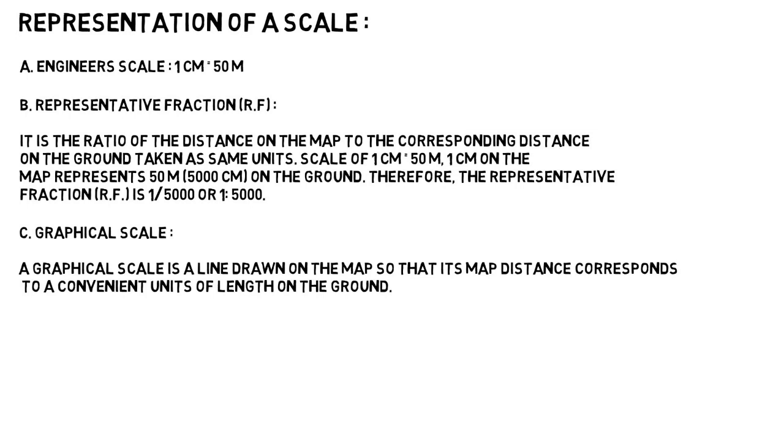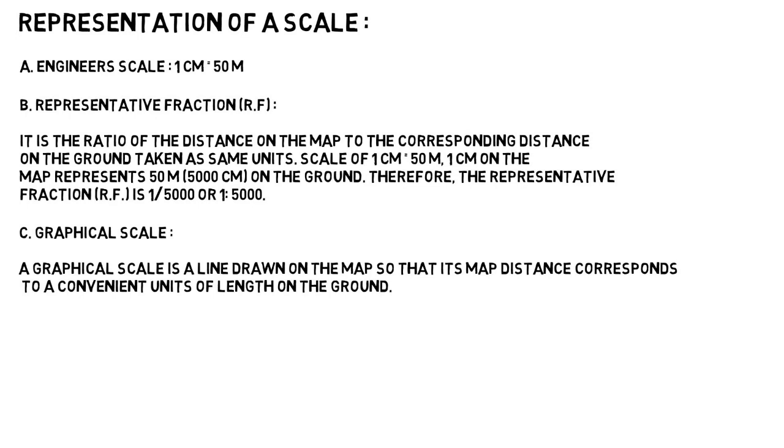So 50 meter we make in centimeter, so it's 5000 centimeter. So 1 centimeter on the map represents 50 meter, or 5000 centimeter on the ground. Therefore the representative fraction RF is 1 divided by 5000, or 1:5000.